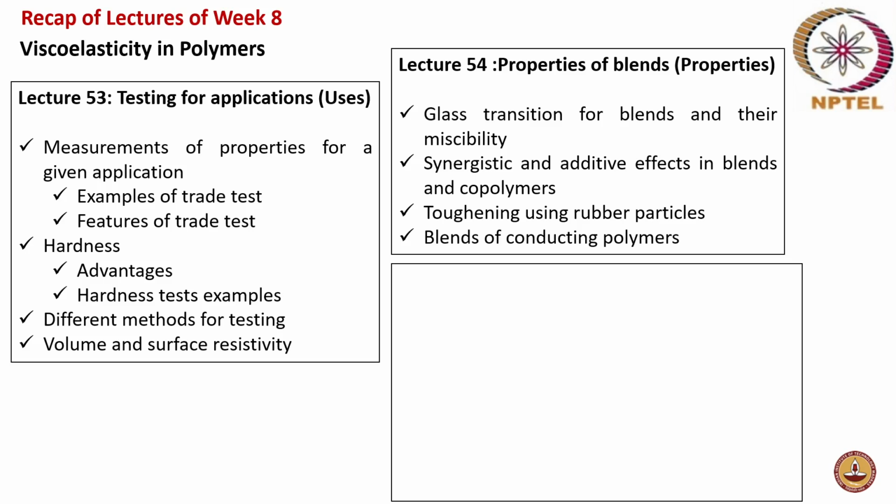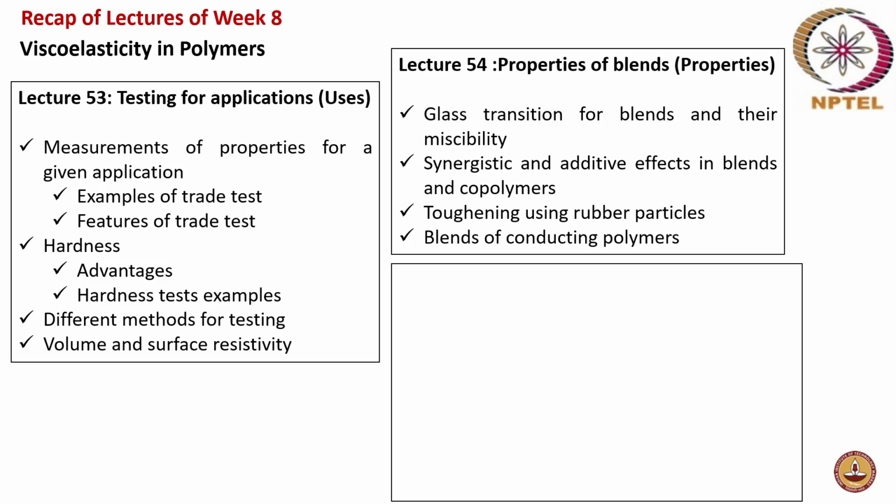And then blends of conducting polymers. There was a discussion on conducting polymers in one of the earlier lectures, right? Conducting polymers like polyaniline and PEDOT:PSS, where they are conjugated polymers with alternating double bonds and single bonds.